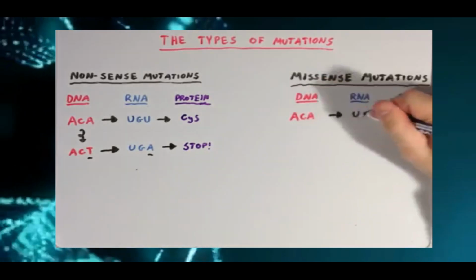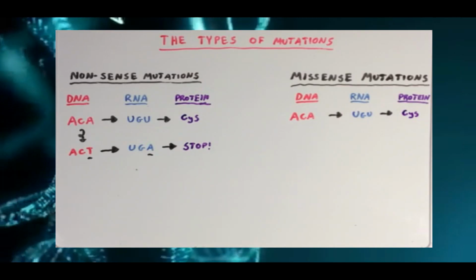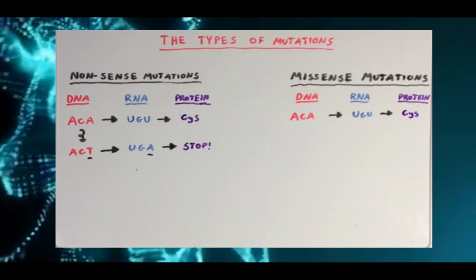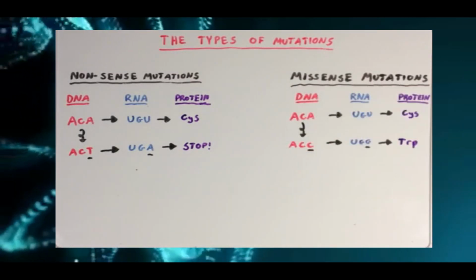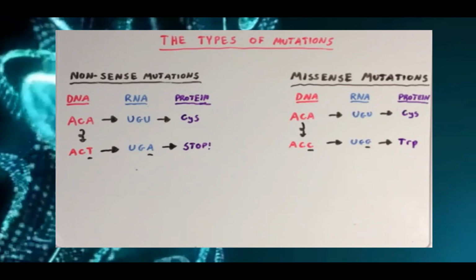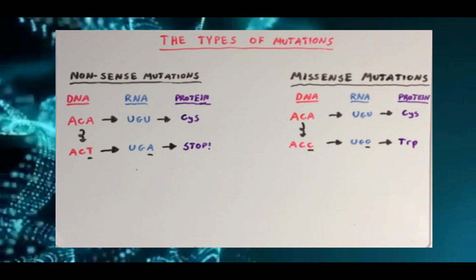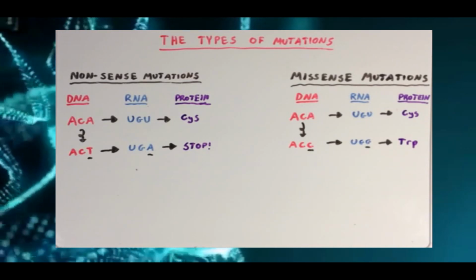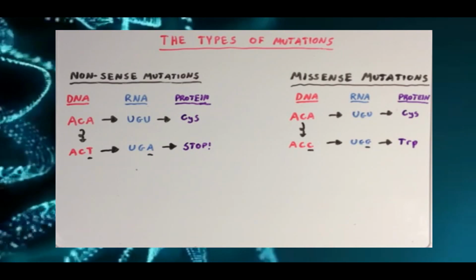So, in this example, our mutation is changing the resulting amino acid from a cysteine to a tryptophan. Now, you can see that nonsense mutations probably affect the resulting protein a lot more than missense mutations do, since that new stop codon that we're creating could chop off a huge section of the protein instead of just changing one amino acid to another.